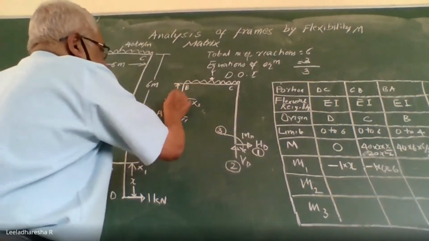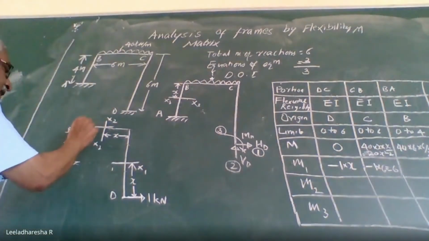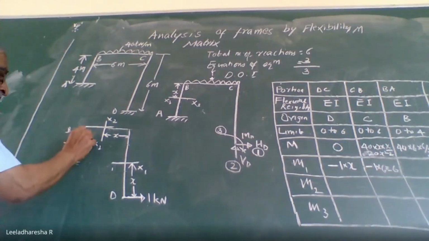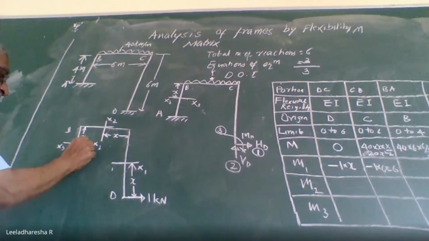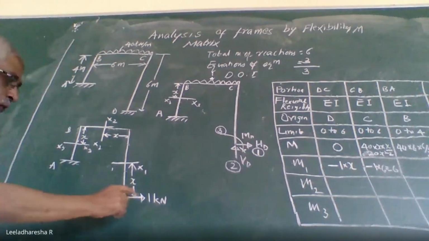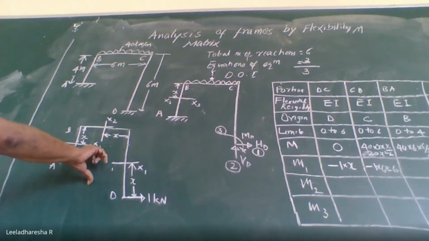Again, consider a section at a distance, say x from end B in the portion B to C. So from origin, let it be x. I will call this section x3. What is the bending moment due to this? See, 1 multiplied by this particular distance I want.